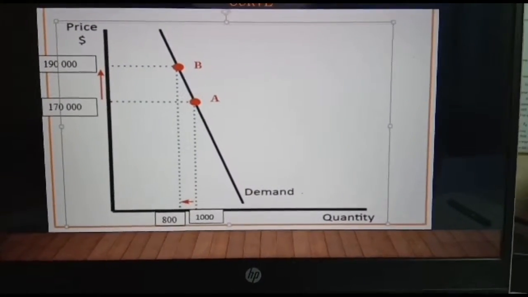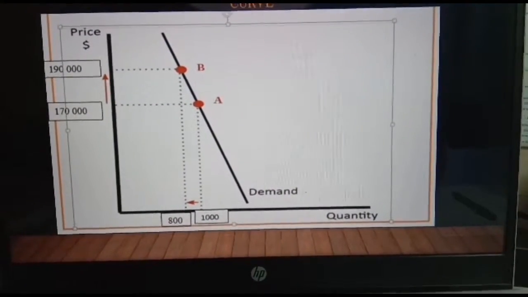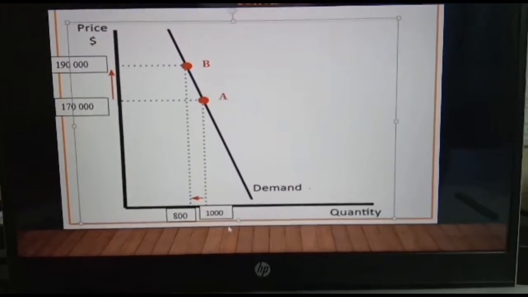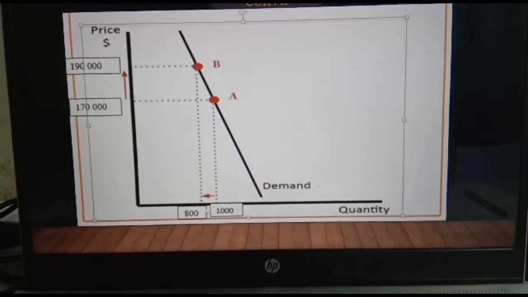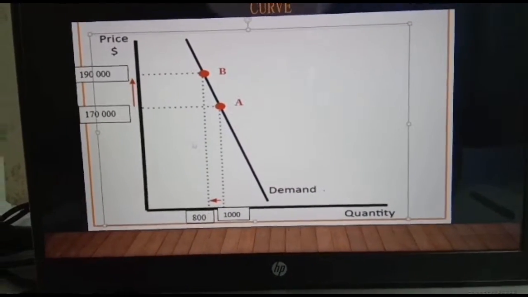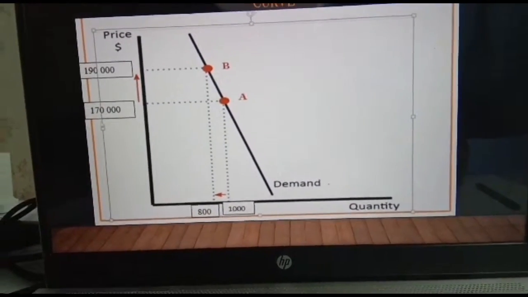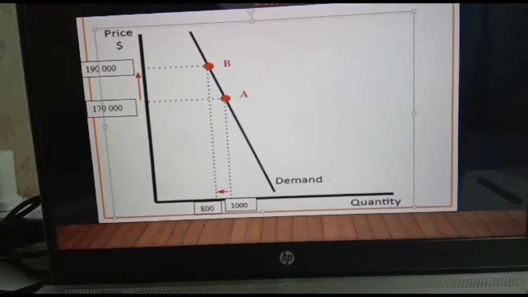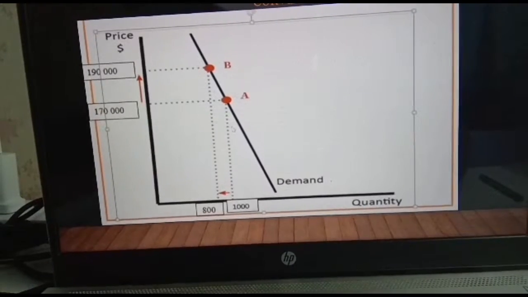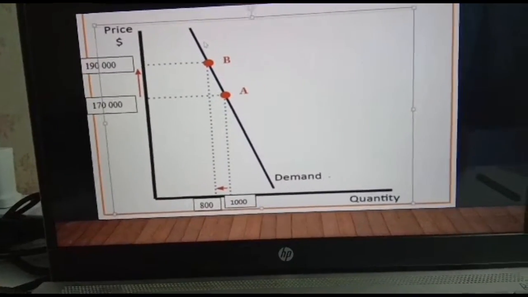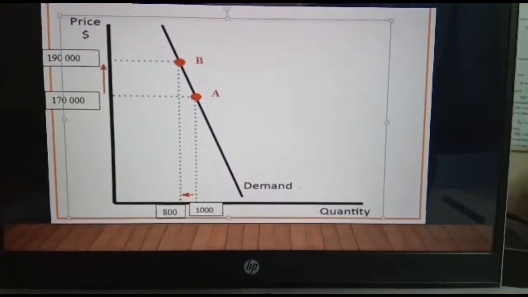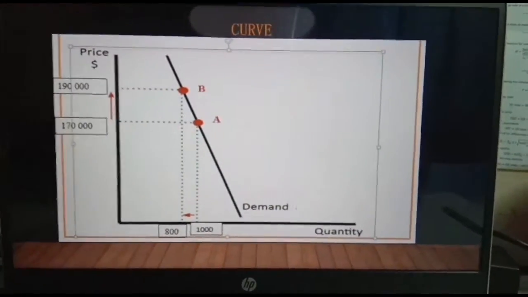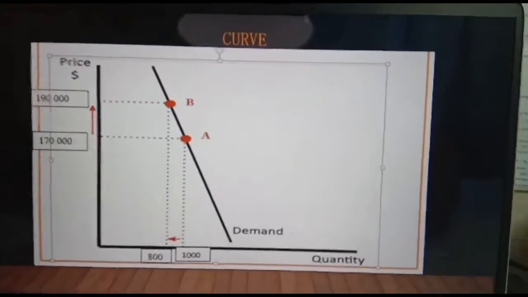For this issue, first we use a curve. Based on this curve, we know that the quantity decreased from 1,000 units to 800 units, and the price increased from 170,000 to 190,000. It moves from point A to point B. Based on this curve, we know that this is an elastic demand.